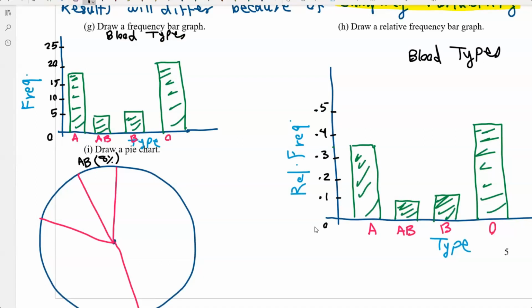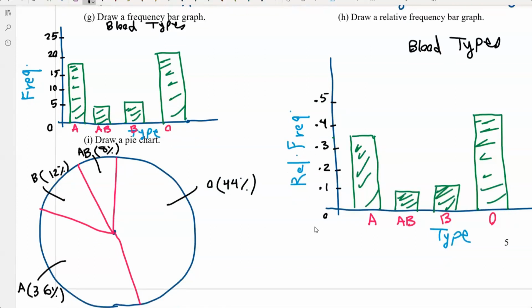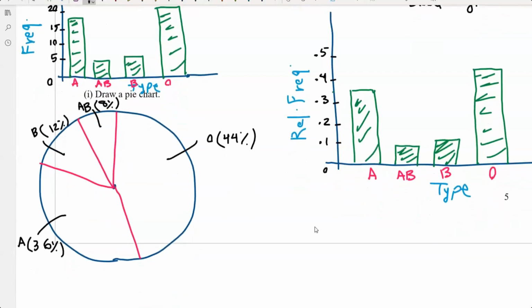And here was B, and that is 12%. Here is A, and it's 36%. So that is for this part. And finally, this one is 44%. For this one, I choose to have this order.